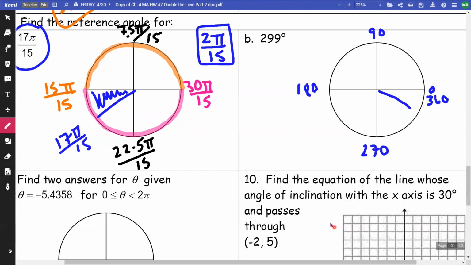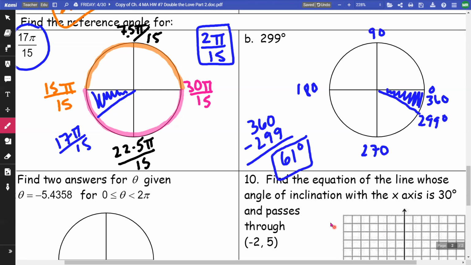I am at 299 degrees, and again, we want to figure out how far off we are from the x-axis. So I'm going to take 360 minus 299 degrees, and that's going to be 61 degrees. That's my answer. That is my reference angle.